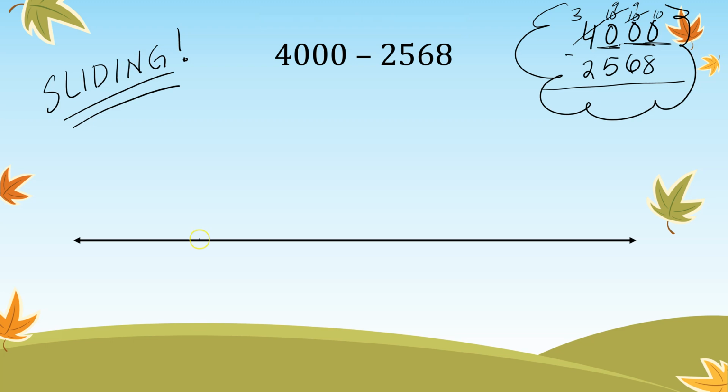So I'm going to slide these numbers to a nicer place. That would be the distance between 2,568 to 4,000. That's the distance between here and here, right? I'm going to have you pause and think about this for a second. Where should we slide it so that it is going to make our life a lot easier?